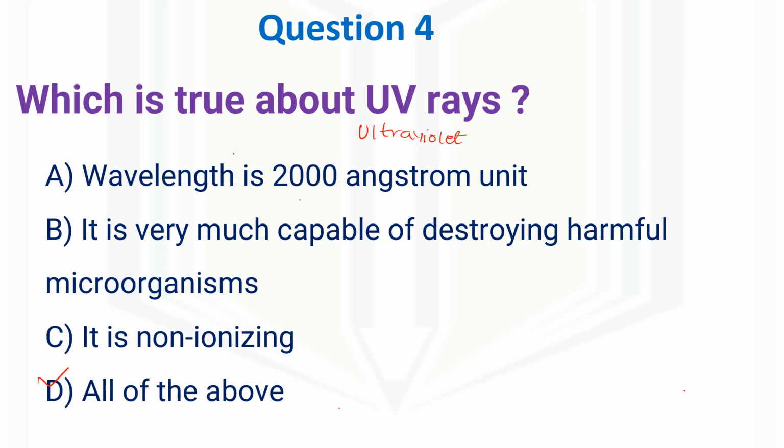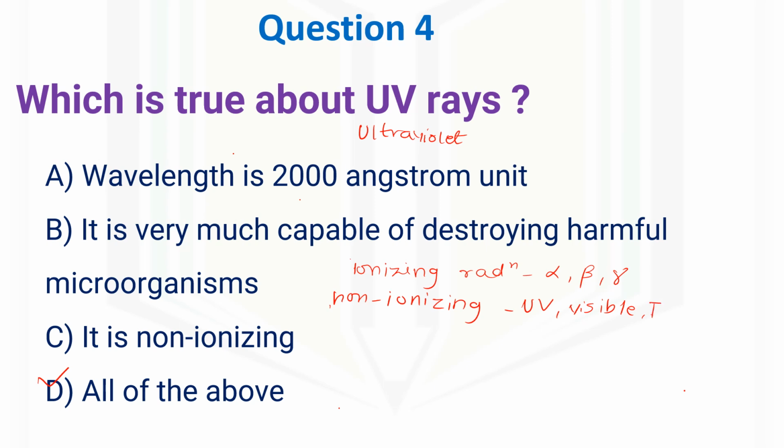There are three types of ionizing radiations, which are alpha, beta, and gamma, while the non-ionizing ones are UV radiation, ultraviolet rays. Then we have the visible rays, which are also non-ionizing.